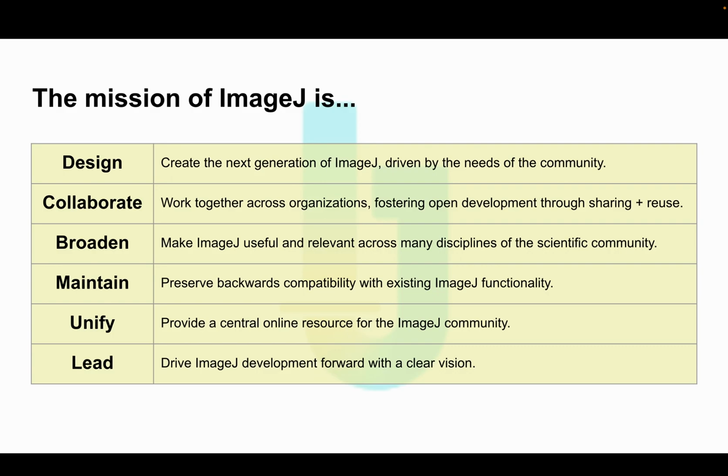We want to maintain this software. We want to preserve backwards compatibility with the existing ImageJ functionality, which we discussed a lot today. And of course, we want to unify. We want to provide a central online resource for the ImageJ community. And then finally, our goal is to lead. We really want to drive ImageJ development forward with a clear vision.